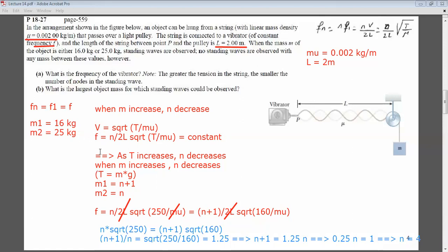F is equal N, which is 4, divided by 2L, and I have L is equal to 2, so this is 4 over 4, square root of tension. I'm using M, so I should use M2, which is 25, so I have 250 divided by mu, which is 0.002, and you get the answer to be 353 hertz.